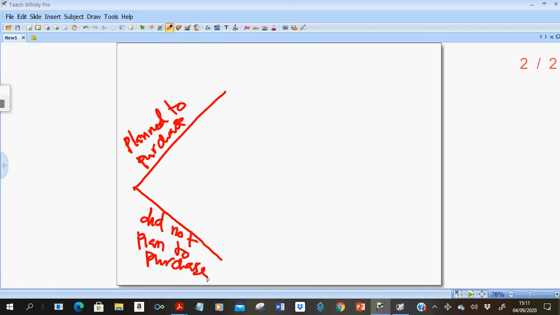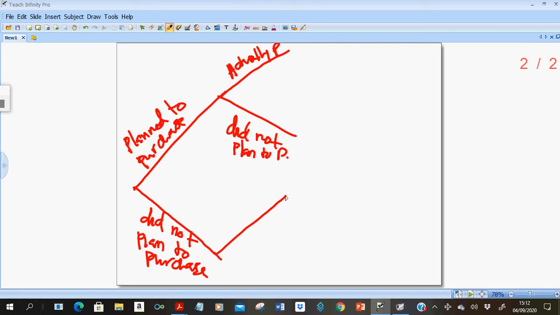Then there we again have two branches: those that actually purchased, and those that did not actually purchase. I'm shortening it like that.